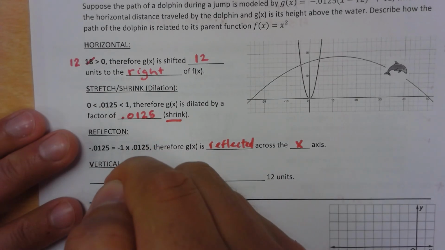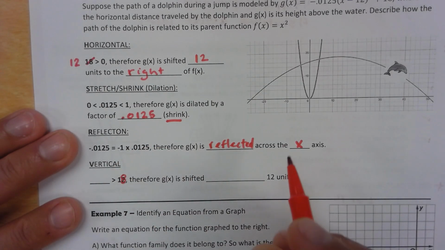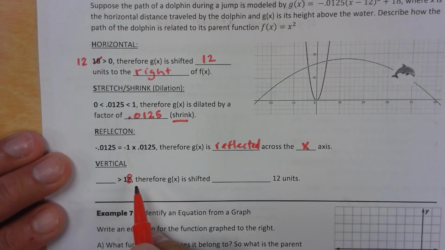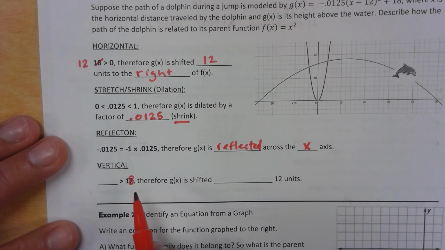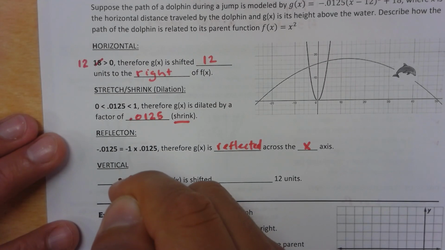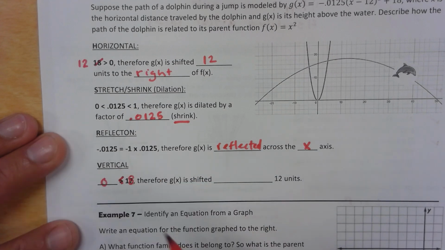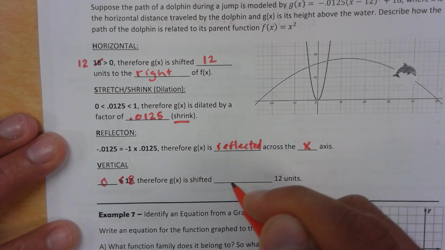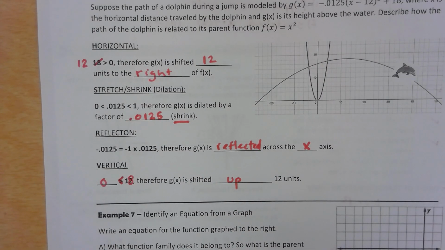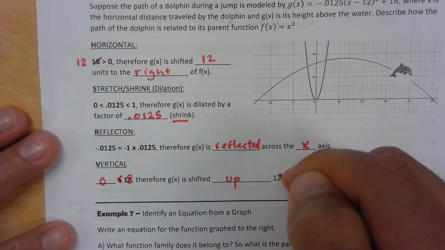Last but not least, this should be an 18. Sorry about that. We have a plus 18 out here. 18 is greater than 0. Therefore, g of x is shifted up 18 units, up 18 units.